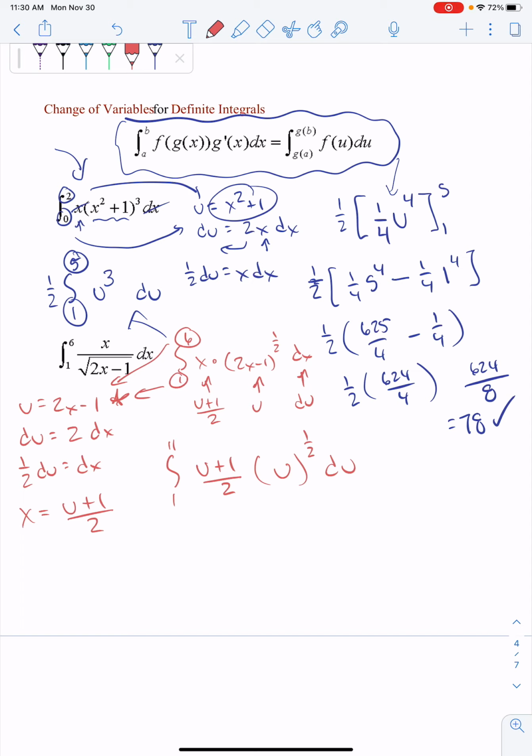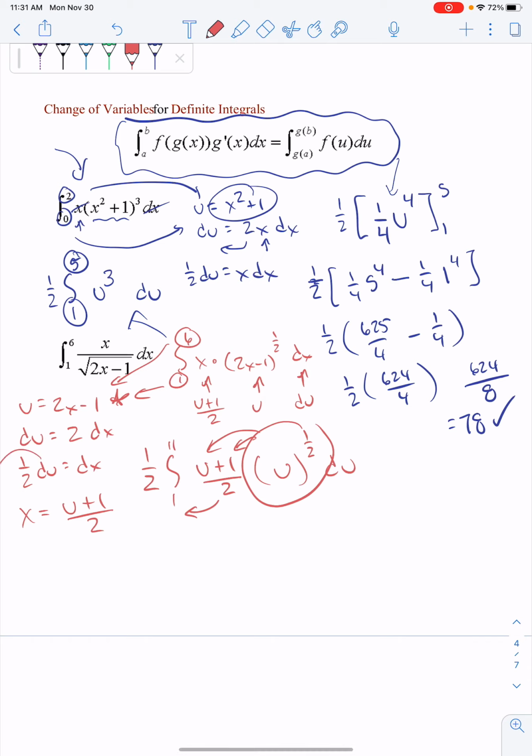Let's clean this up a little bit. I'm going to take this u to the 1/2 and distribute it in, because I've got a little bit of a mess. And this 2 on the bottom, I'm going to pull out front because I forgot my 1/2 with my du, didn't I?